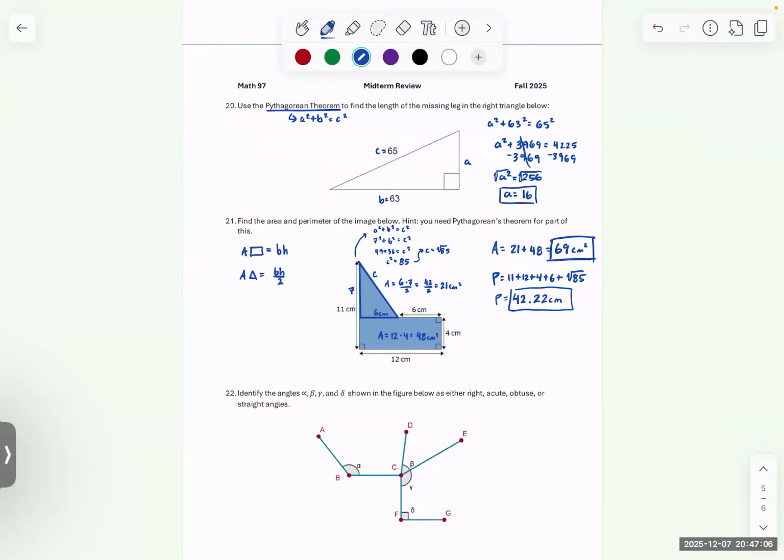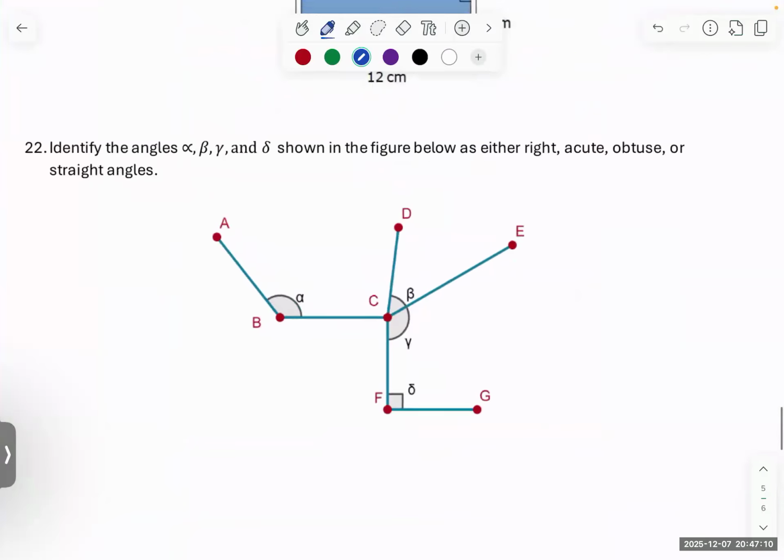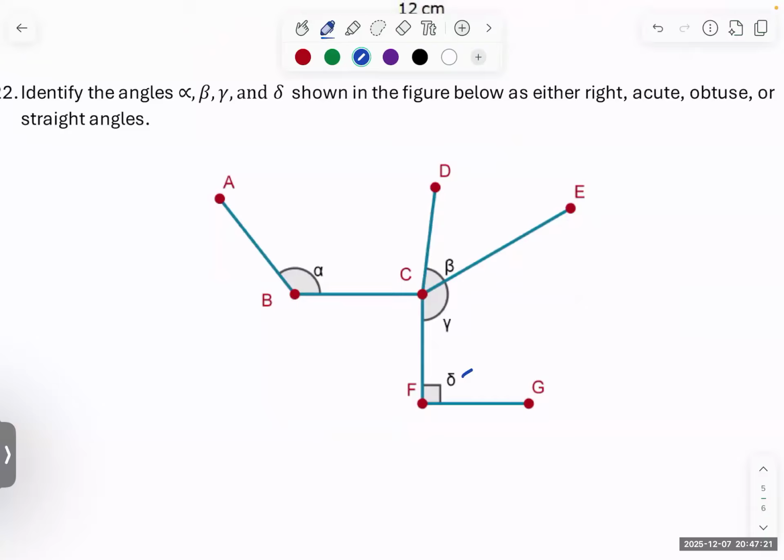Okay, last one. Identify the angles alpha, beta, gamma, and delta shown in the figure below as either right, acute, obtuse, or straight angles. So right off the bat, this delta right here is a right angle because it's a square. Beta is acute.